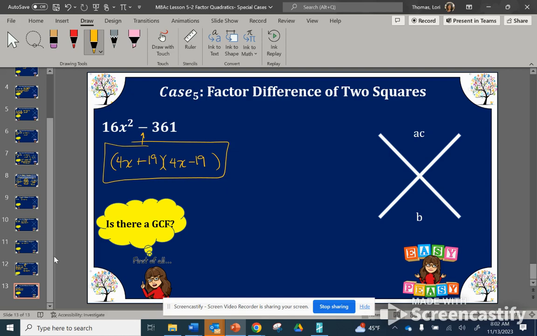Now be careful, and I want to just show this problem. If I have 16x squared minus, let's say, 361x, this is not the difference of two squares, because this x is not a perfect square. It's x to the first. So this is not the difference of two squares, but there is a GCF.